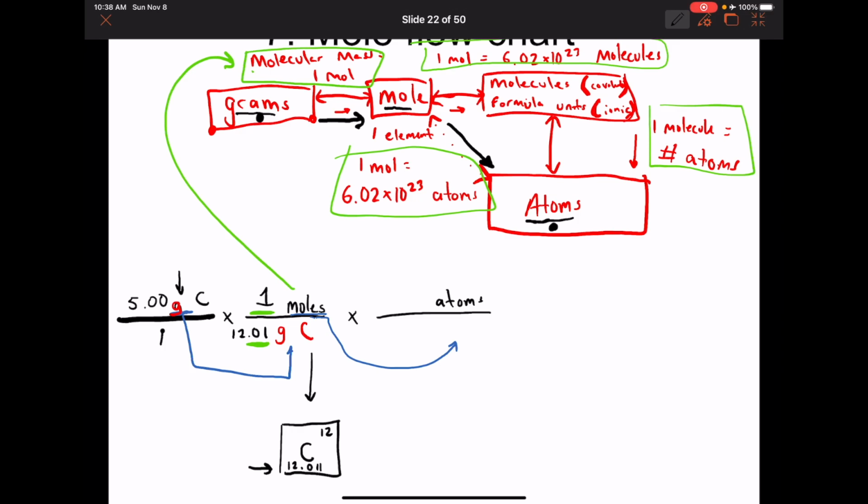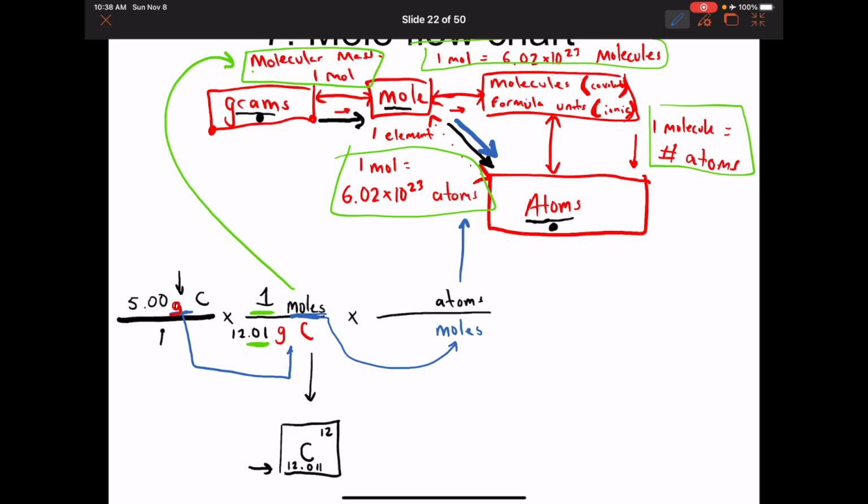As we said before, whatever's up here gets put on the bottom. So moles is going to go down here. And like we said before, whenever we're dealing with moles in this chapter, it's going to be a 1. Now, if you want to double check that, which you should, you take a look at the conversion factor, because right now we're talking about going from moles to atoms.